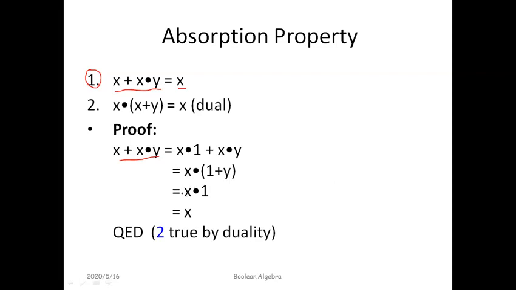If x is a 1, then the output will be 1. If it is 0, then the output will be 0. So from this stage, we shall just put x. The expression is dependent on just the value of x. So this is what we call the absorption property.